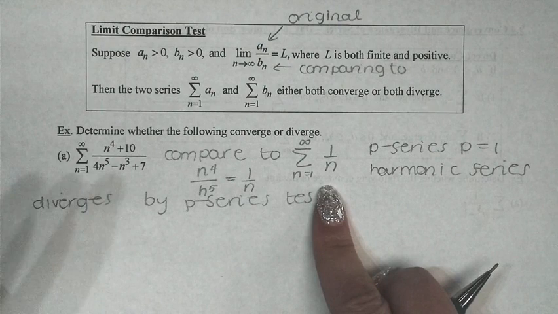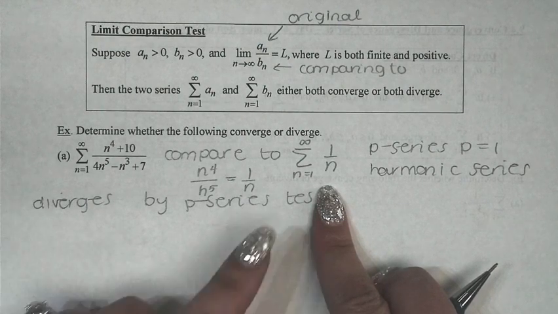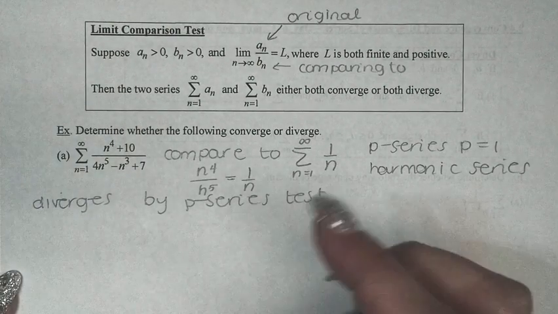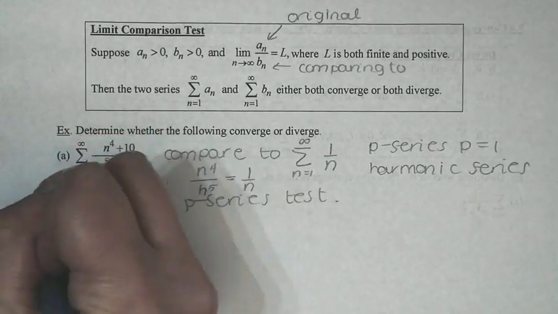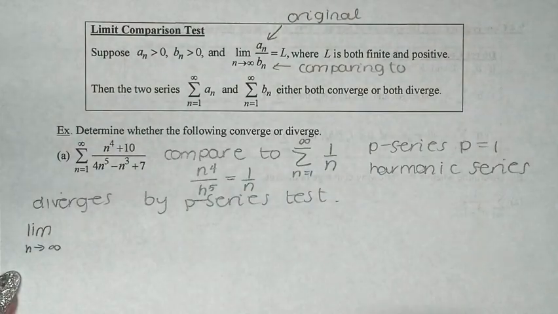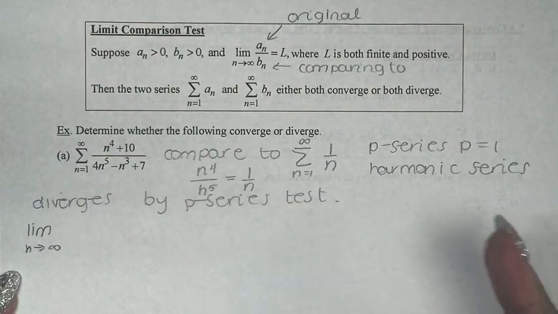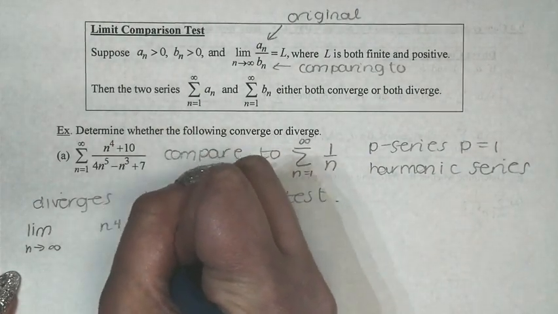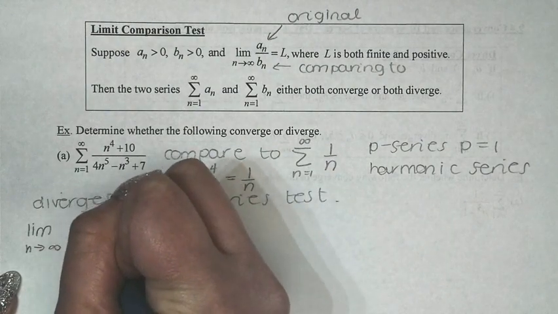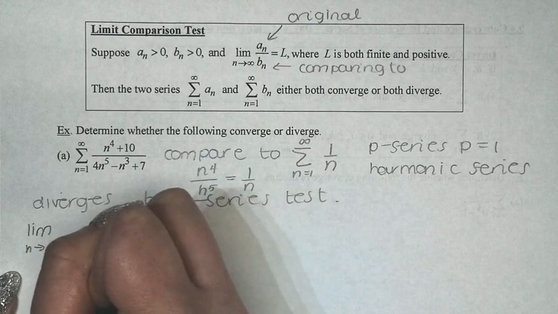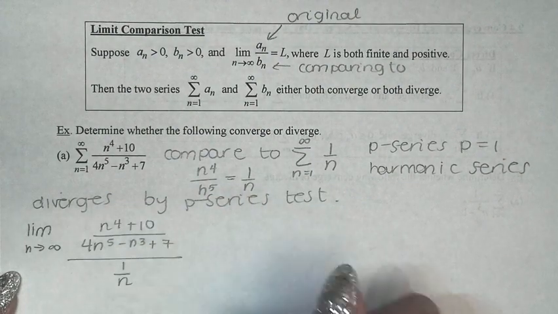So what you're going to do here is, I know that this diverges for sure, so let's use the limit comparison. With the limit comparison, you don't need to compare it like the other one bigger than the other. You just do the comparison directly. So you put the original at the top, as the numerator. Then the denominator is going to be the one that you're comparing it to.